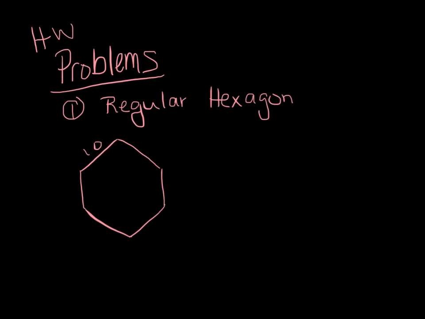So here are the two problems that you're going to do for homework. Our first one is a regular hexagon, and I'm going to look at this and say, I don't really know how to do this, but I'm going to give you a little hint that I can break this into a rectangle and two triangles. And I'm going to give you a little more information. The height of the triangle is 5.